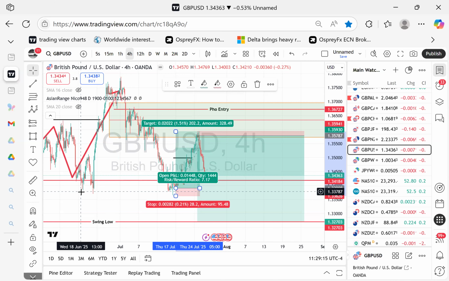A broken swing high or swing low. There you go. A broken swing high or a broken swing low is your key to a trade setup.